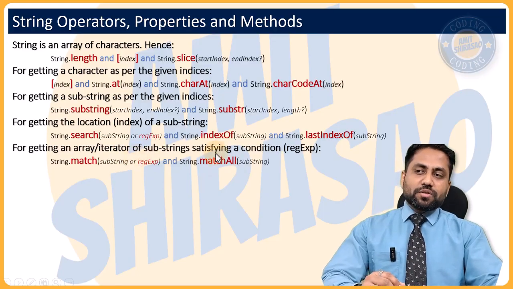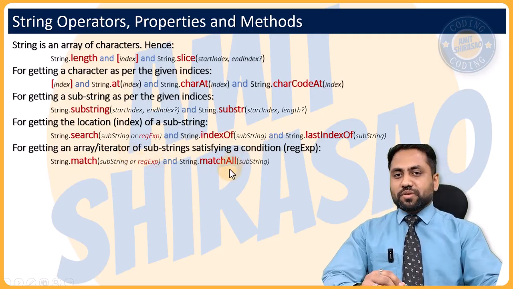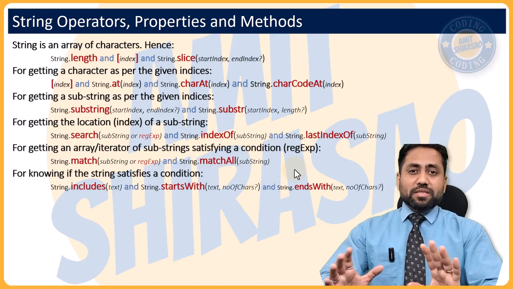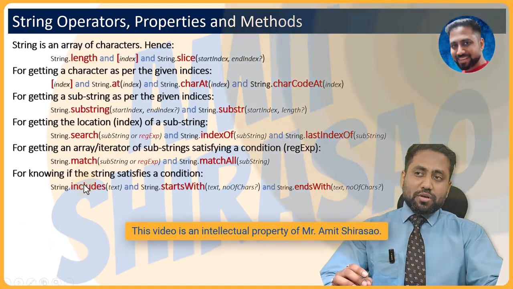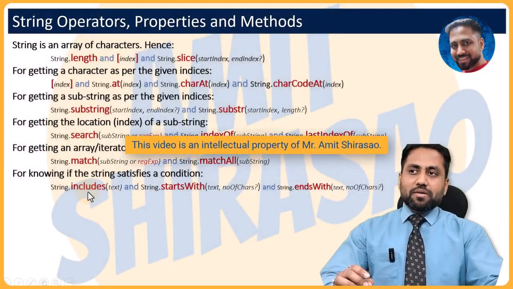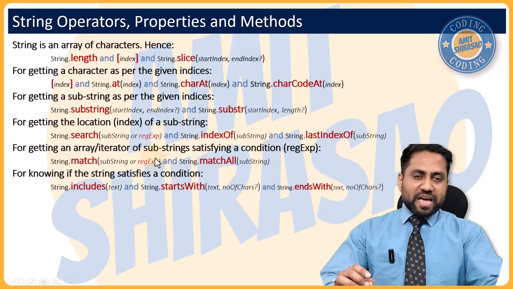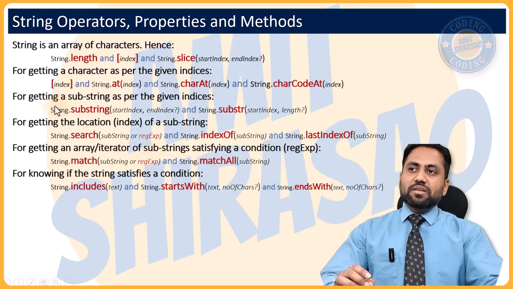Now what is the difference between the two? Match can use regular expressions, whereas matchAll cannot use regular expressions. That's it. Now for knowing if the string satisfies a condition, here we are not willing to get anything back. We don't want the index back, we don't want the array back, we don't want the substring back.